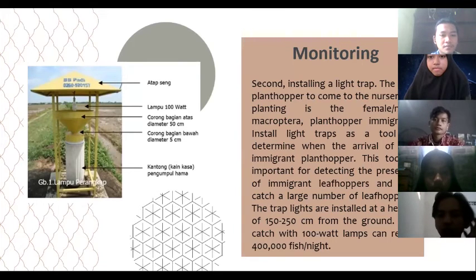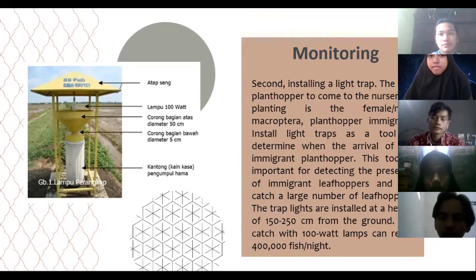Monitoring. Second, installing a light trap. The first planthopper to come to the nursery or planting is the female Macroptera planthopper immigrant. Install light traps as a tool to determine when the immigrant planthoppers arrive. This tool is important for detecting the presence of immigrant leafhoppers and can catch a large number of leafhoppers.